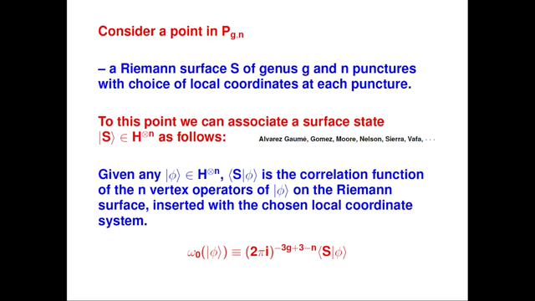Now, given this, we are ready to start defining the omegas. So, omega 0, which is the simplest, as a function of phi is simply the inner product of S with phi. That means it is the correlation function that we described here with some specific normalization factor which is here.